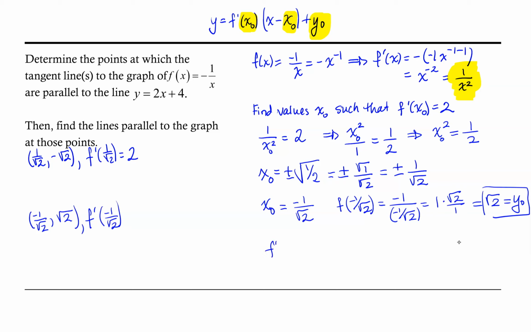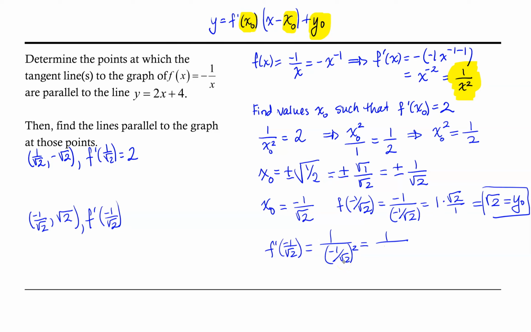So f prime at negative 1 over square root of 2 is going to be 1 over negative 1 over square root of 2 squared, which is going to be 1 over, now when I square this negative 1 over square root of 2, it becomes positive.